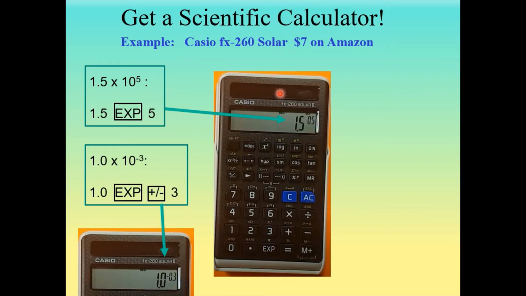It has the solar panels right here, so you never need batteries for it. It just runs on light from in your house at your desk. And the great thing is the price. You can get them for about $7, for example, on Amazon. But it's a scientific calculator, so it has all of the scientific functions that we're going to need for this class, and you can certainly use it for your other classes as well.